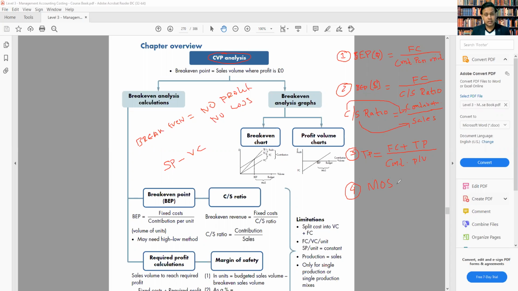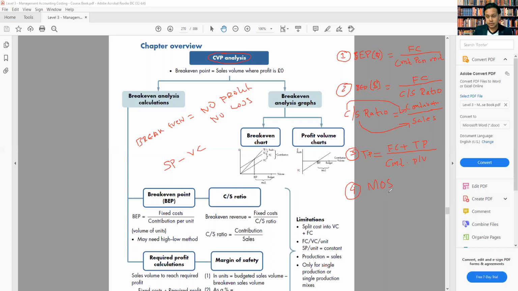Even if the petrol is running out, we still have some reserve that we can use. So if our plan is to sell 10,000 units of this pen, and our break even is 8,000, the difference between the forecast and the break even is called margin of safety.